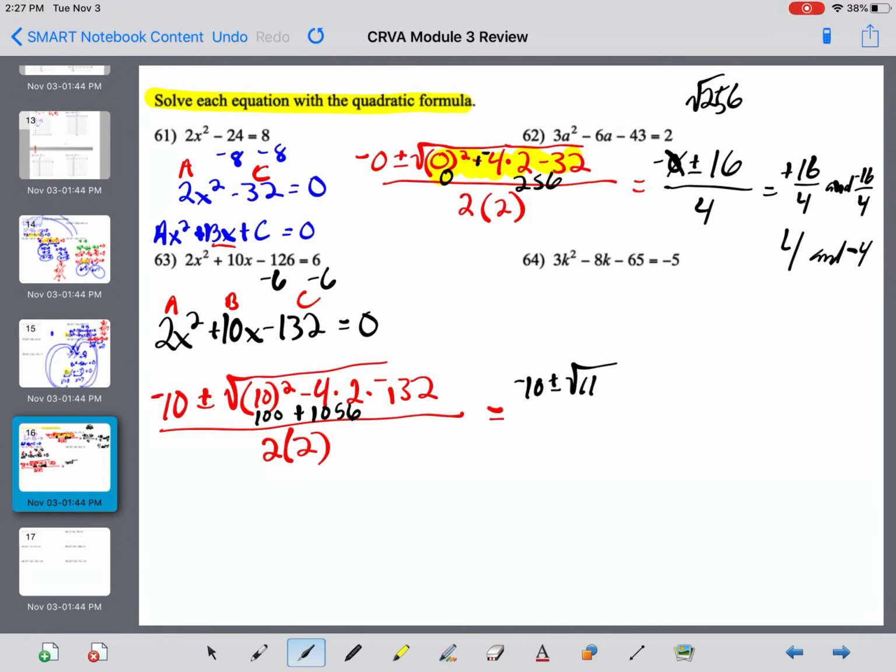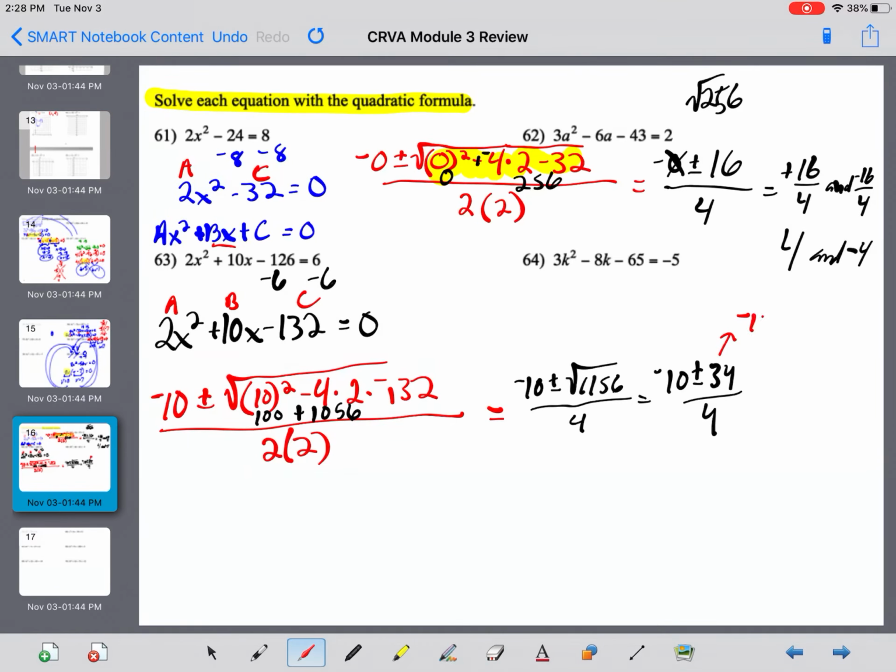So we get negative 10 plus or minus the square root of 1,156 all over 4. What's the square root of that? I bet it's a nice number. 34. Did y'all know that? I'm just kidding. I use a calculator too. Negative 10 plus or minus 34 over 4.